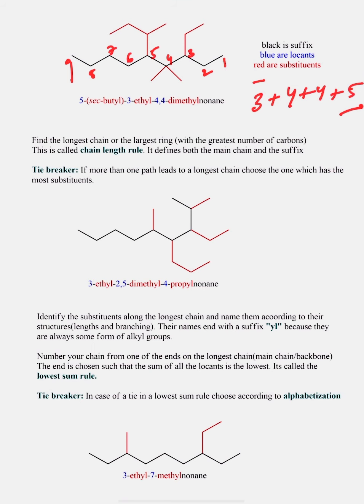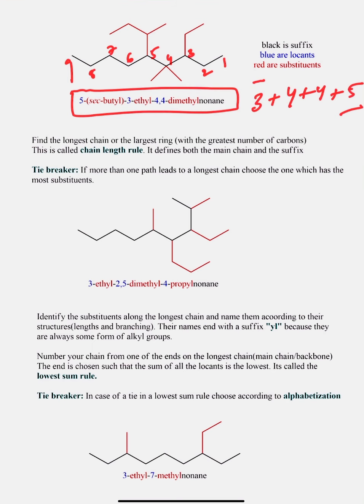So the numbering which gives you the lowest sum is the correct numbering, or the correct way of addressing the locants. That's why the name that is given here is according to the numbering from the right and not from the left. This is called the lowest sum rule.